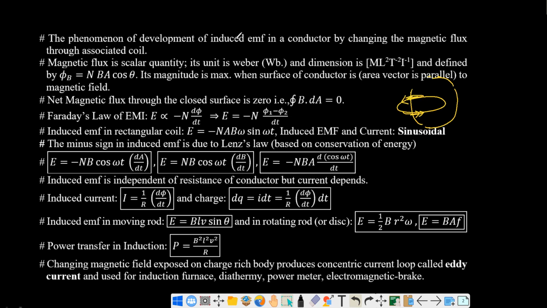That's why the total amount of flux crossing through a closed surface is going to be 0. This is different from the electric flux. In electric flux the Gauss law will be used and we will calculate the electric field too, but in this case something different happens.